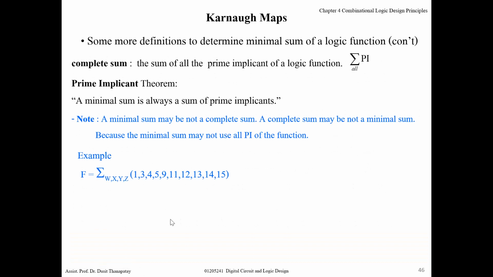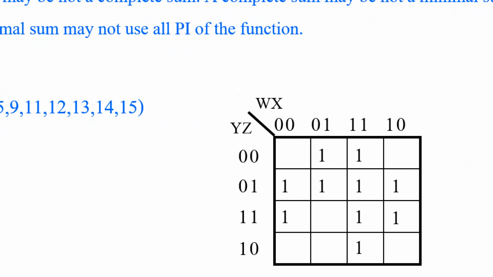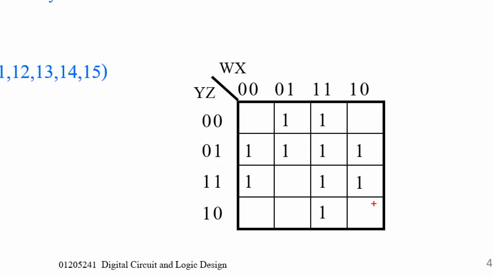One more word. For example, let's find this one first. Can you find all prime implicants from this example? If I select only this one, no. This one? No. This 4 cells? Yes. The product term of these 4 cells is a prime implicant, right?